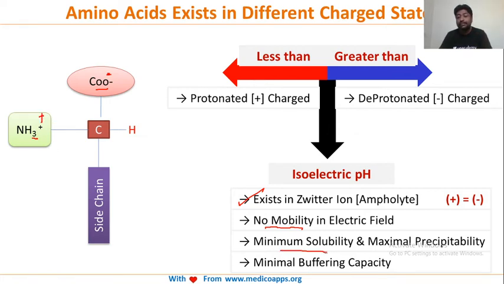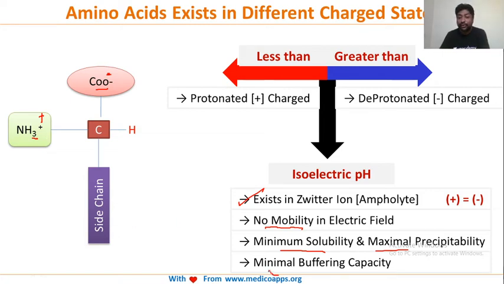There will be minimum solubility and maximum precipitability. Why is that? Because each molecule is charged within itself, and all the other molecules are also charged, so they will tend to have electrostatic interaction. This negative will interact with some positive, so there will be electrostatic bond formation and minimum solubility.